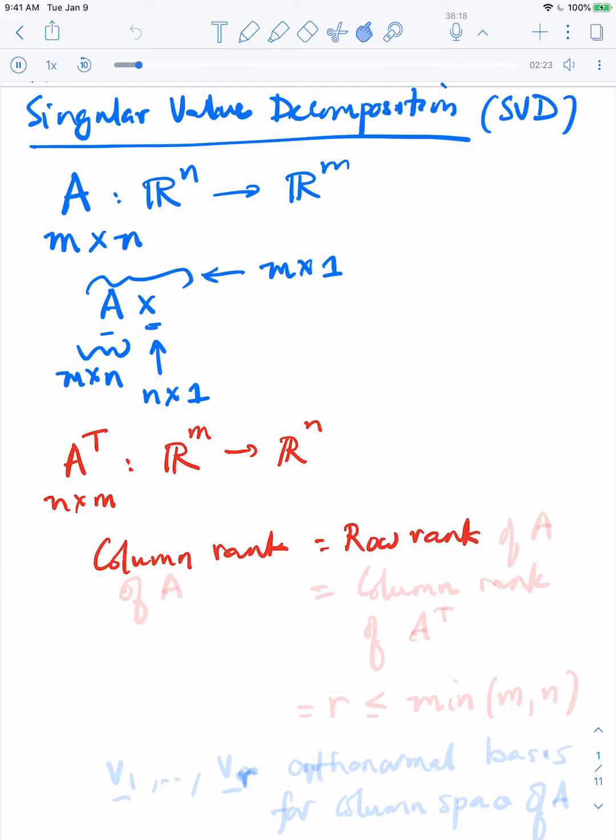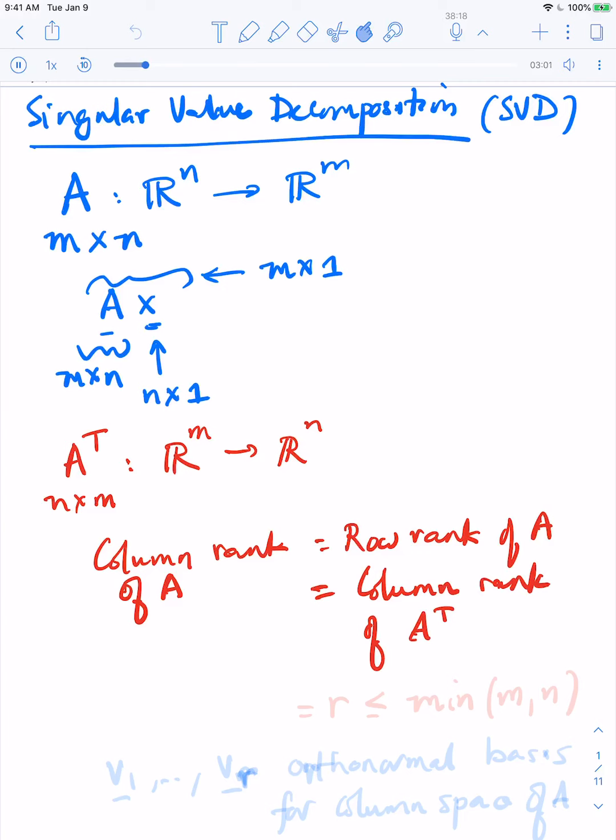It just means that the dimension of the space spanned by the columns of A is the same as the dimension of the space spanned by the rows of A, or the column rank of A is equal to the row rank of A. But the rows of A are the columns of A transpose, so it's the column rank of A transpose. So you know this, and it will fall out of our derivation anyway.